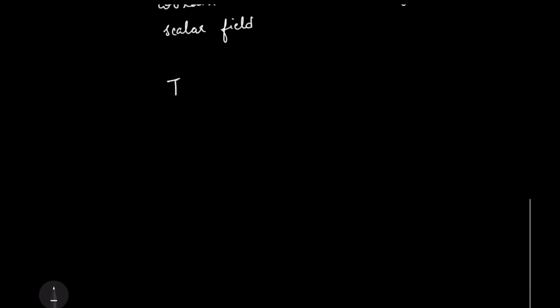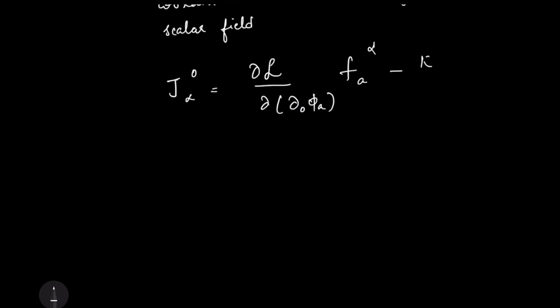So if you take the current J alpha, then I can write it in terms of the Lagrangian density. Here the index is 0, which means the time component. So here I have to write the derivative of the Lagrangian with respect to del 0 phi a, times f a alpha minus K0 alpha. The derivative of the Lagrangian with respect to the time derivative of the field will give the canonical conjugate momentum density, so this will be pi a.